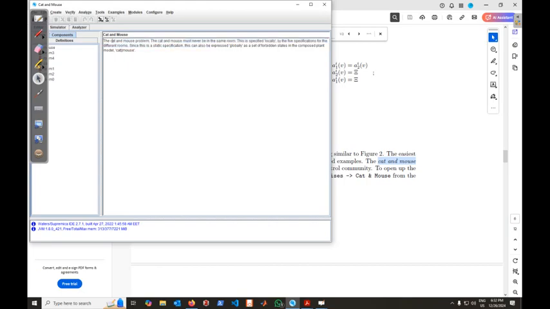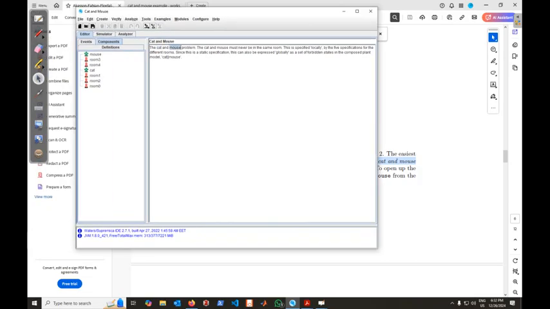Of course, the cat will be an automaton and the mouse will be the other automaton. The cat and the mouse cannot be in the same room. You can see an automaton here for the mouse and another automaton for the plant. Before getting into more description, I will refer back to the original documentation of the problem.